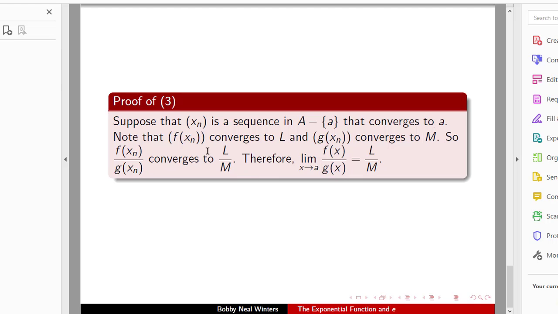So f of x_n over g of x_n converges to L over m. Therefore, the limit as x approaches a of f of x over g of x is L over m by the result we had in sequences.